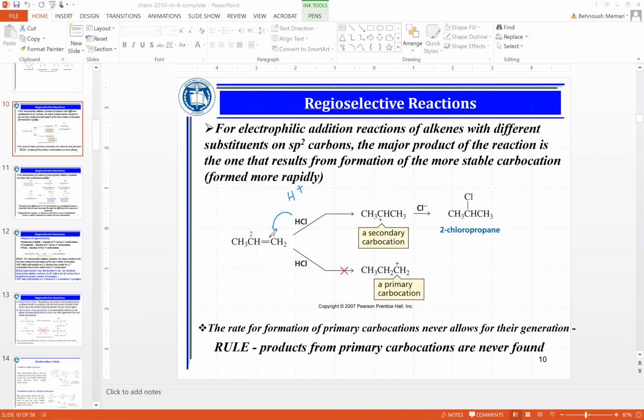So a pair of electrons from the pi bond is going to be consumed to form that new bond between hydrogen and carbon. For carbon 1, basically, there is no difference in terms of number of electrons. So if I expand this, say you have a CH3, CH, then you have your CH2. The new hydrogen that is coming is going to take the pi electrons to form the new bond.